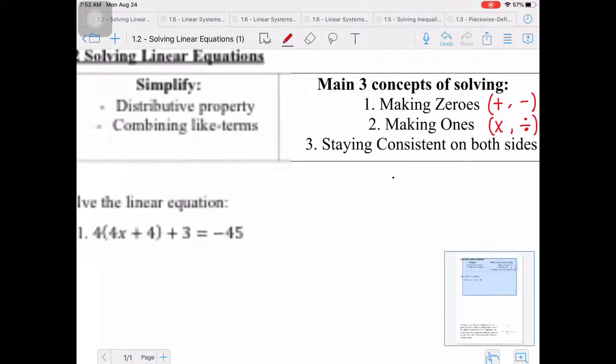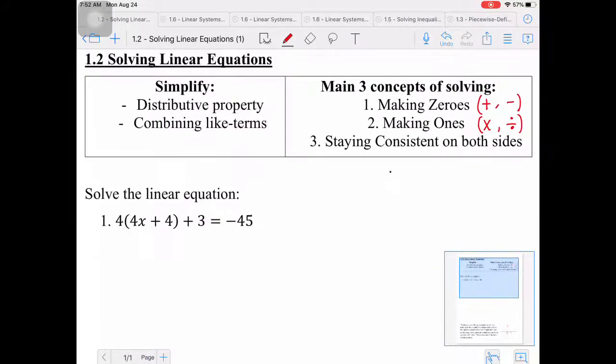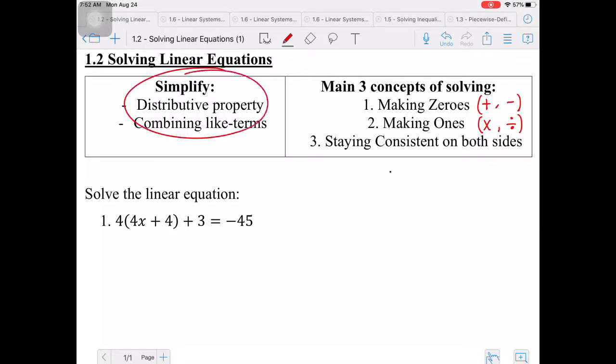I'm pretty sure you kind of already guessed what that means. So I'm gonna go ahead and solve my linear equation number one, that is right there. I got 4 times the quantity of 4x plus 4, plus 3 equals negative 45. First thing I gotta look for is, do I need to simplify? In this case, I have the distributive property, so I can distribute 4 to the first and then to the second.